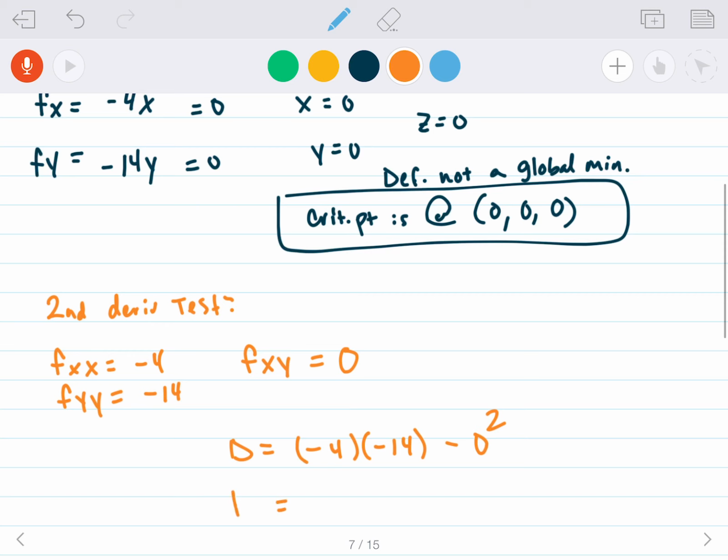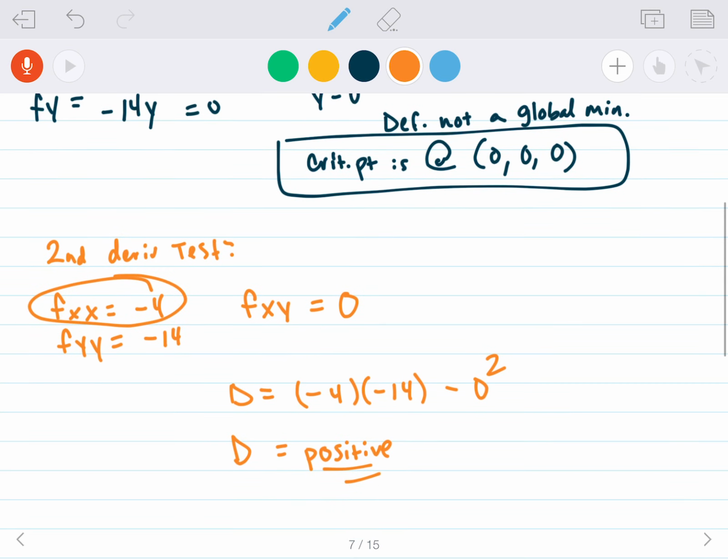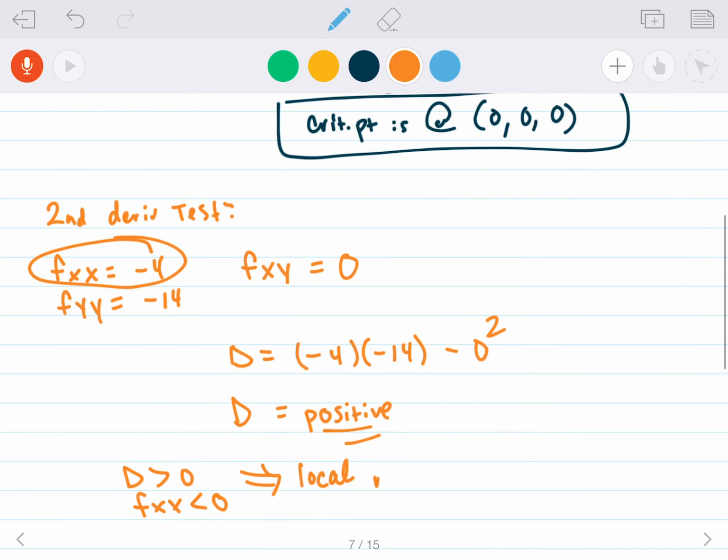This is positive, so D is a positive number, and this guy is negative. So when D is positive and our second partial with respect to x is negative, this means that we have a local maximum.